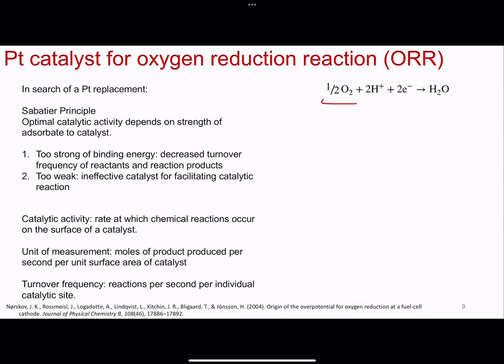So when I say you want to increase the performance of your fuel cell, you need to increase the catalytic activity of your electrode, right? That's the rate at which the chemical reactions occur on the surface of the catalyst. In this particular case, it's the interface of the electrode and electrolyte. And the turnover frequency is the reaction per second per individual catalytic site. So how do you increase the number of sites that you have in your catalyst?